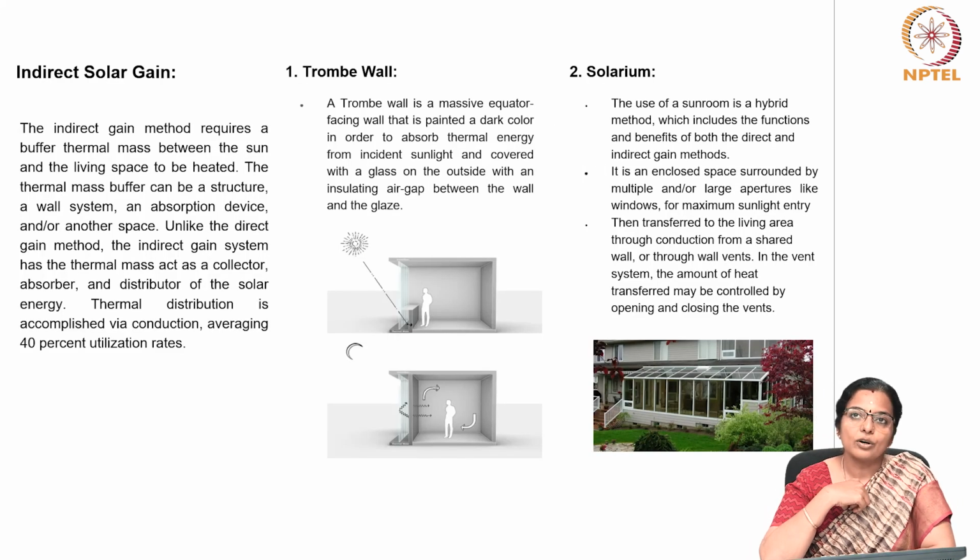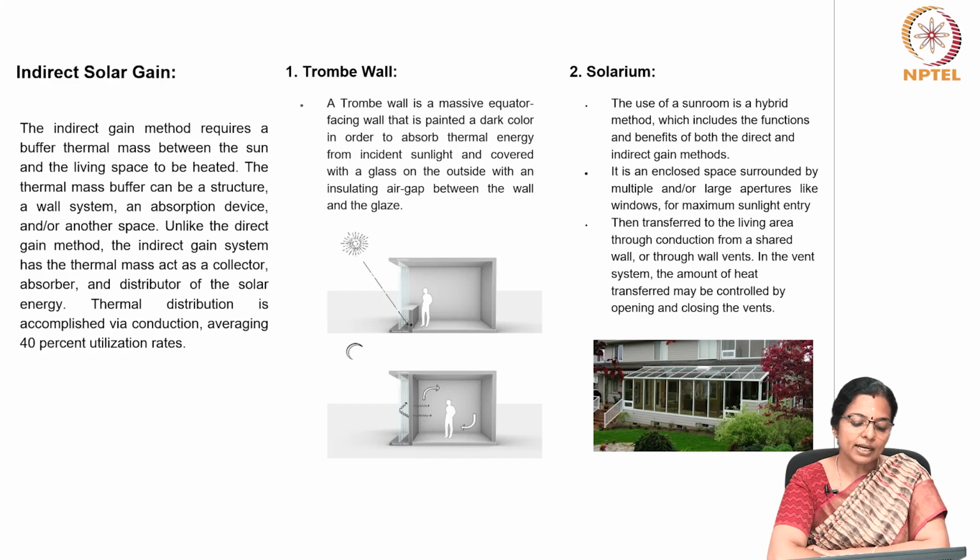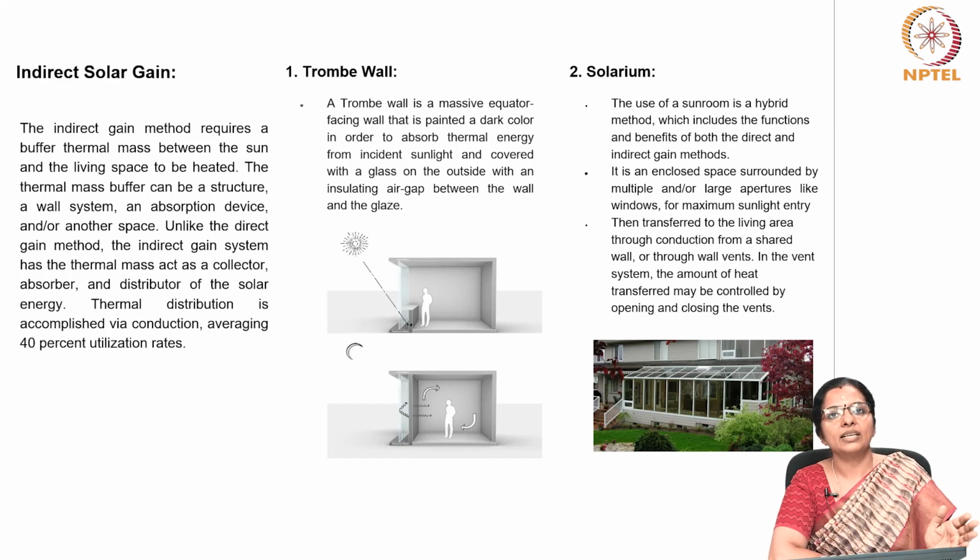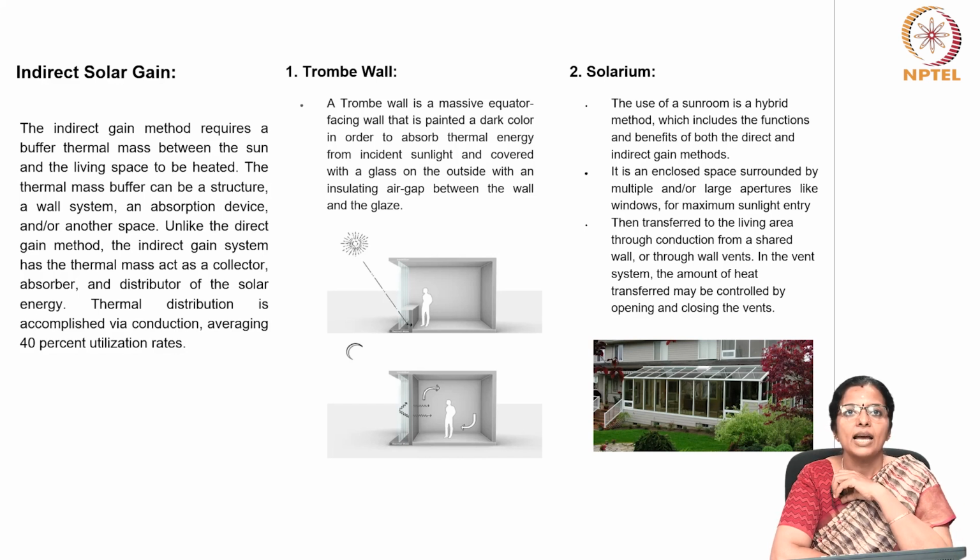Now, you can also use indirect solar gain. The indirect gain method requires a buffer thermal mass between the sun and the living space to be heated. The thermal mass buffer can be a structure, a wall system, an absorption device, and or another space.